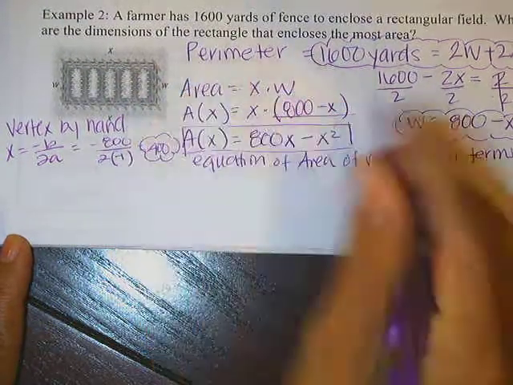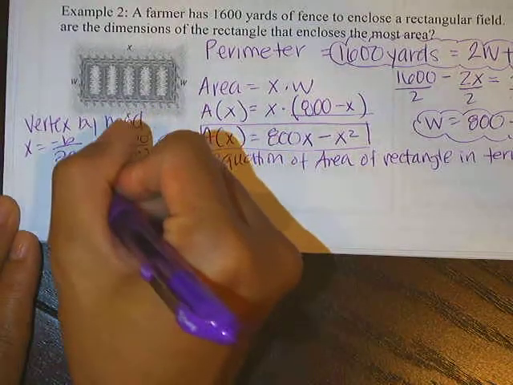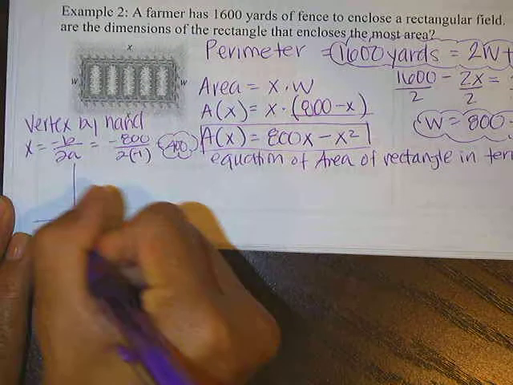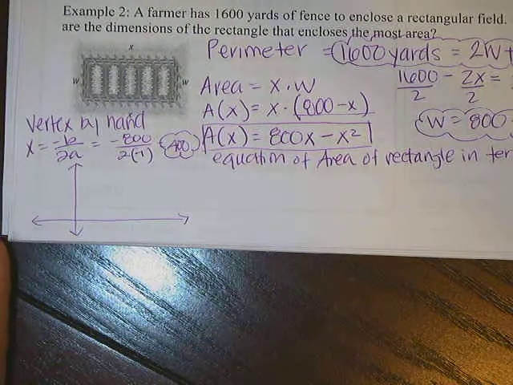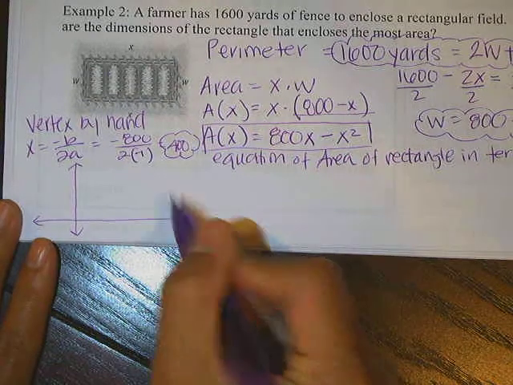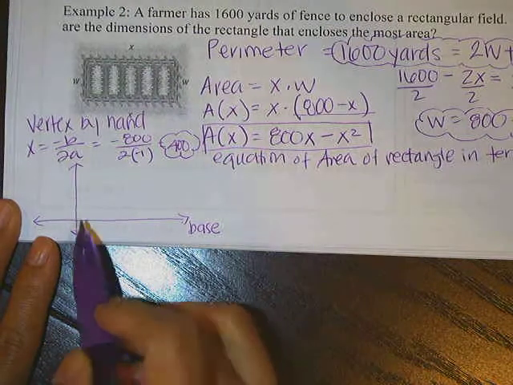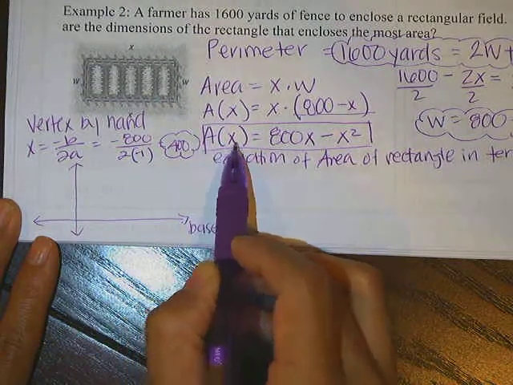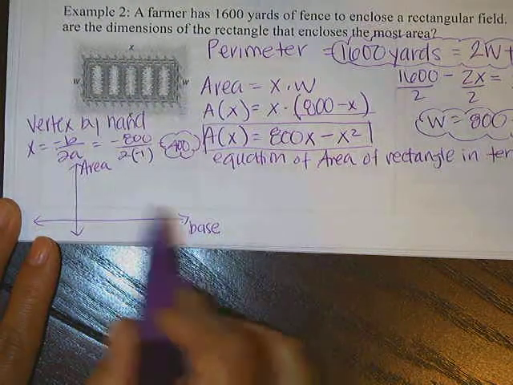Okay. So let's talk about what x is and what y is. Let's draw a little sketch. You're going to have to label your x-axis, and the x-axis is your x, which is your base. This is A of x equals, so this is your area. Don't give me x and y, okay?